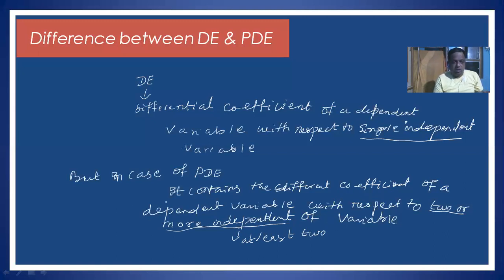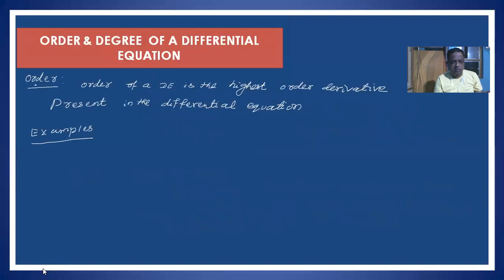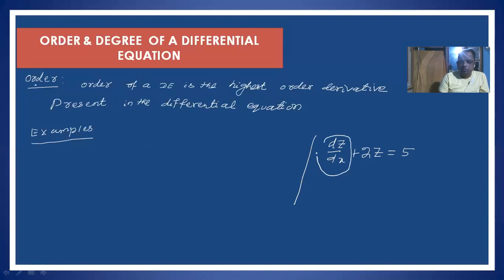Let us discuss the meaning of independent and dependent variables in case of differential equations and partial differential equations. Suppose the equation given is dz by dx plus 2z equal to 5. Here, the derivative of z exists with respect to x.